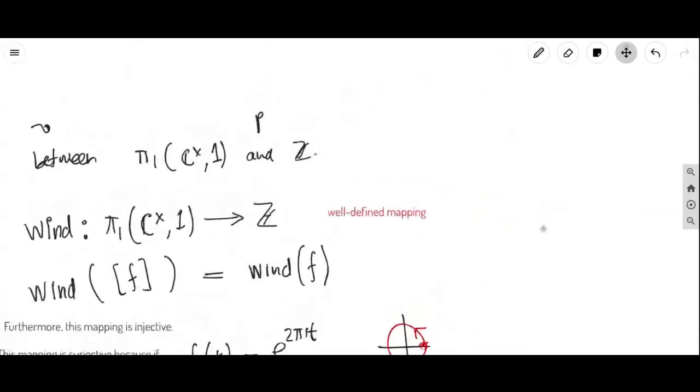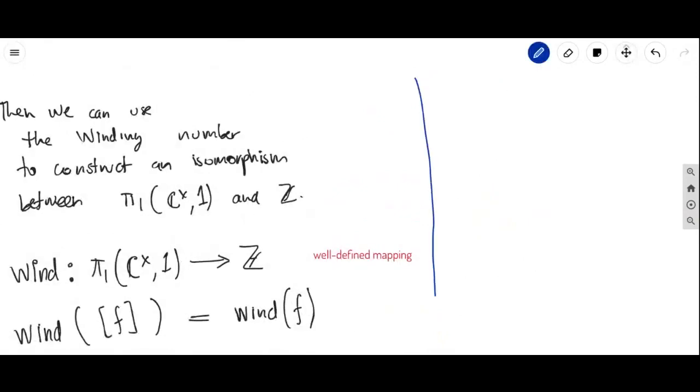Finally, we have to check that this mapping is a homomorphism of groups, for a very simple reason.